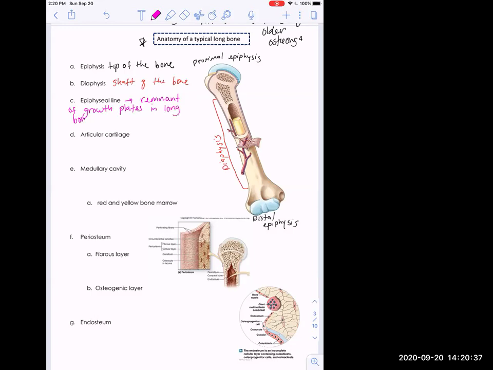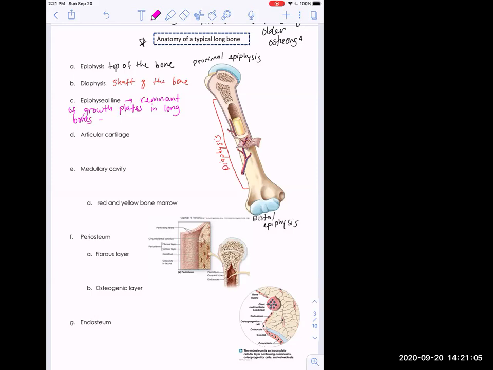When you grow, and we're going to talk about this in the next slide, long bones grow from the tips out. So each epiphysis of a long bone has a band of cartilage called the growth plate. And from this growth plate or epiphyseal plate, it's how we produce new bone. But probably by around age 20 or so, this growth plate closes. That's why we don't get taller after we hit a certain age, okay? And it becomes an epiphyseal line.